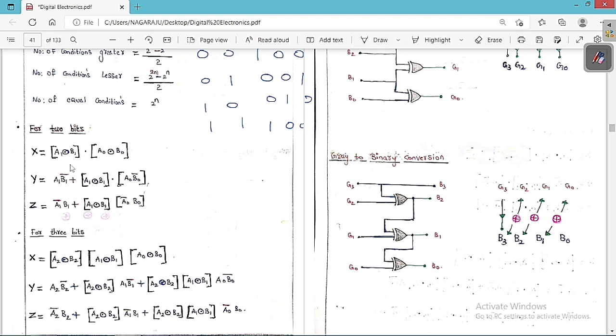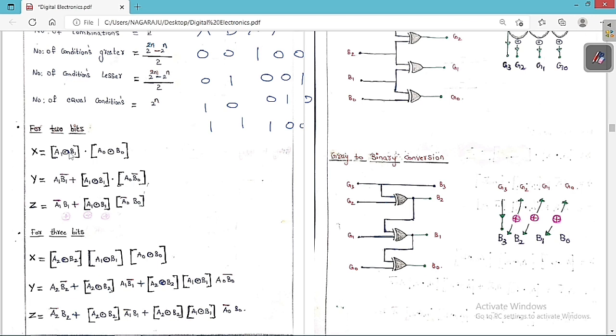So finally what I am trying to say is very simple. Suppose for 2 bits, A is having 2 bits A1 A0 and B is having 2 bits B1 B0. If A is equal to B, then A1 should be equal to B1 and A0 should be equal to B0. So therefore we are going to get A1 XNOR B1 dot A0 XNOR B0. For Y, when A is greater than B, then only Y is going to be activated.